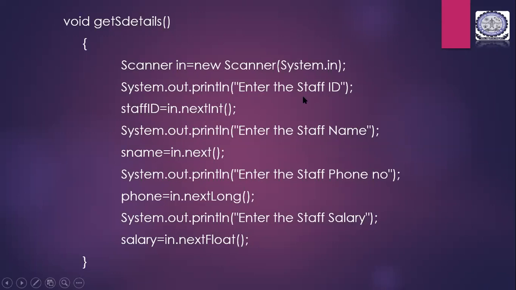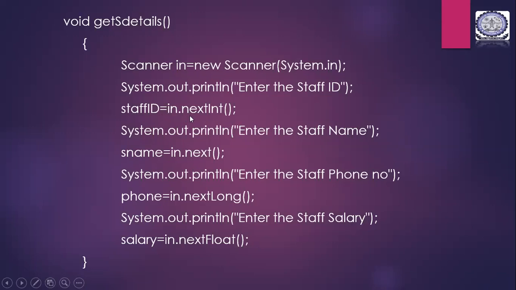In C++, we would have cout and give the value of the variable, right? Here we need not write the cout. Instead of cout, we are using the nextInt. In dot nextInt along with the object. Along with the input object, we are asking the nextInt command to take in the value for staff ID.